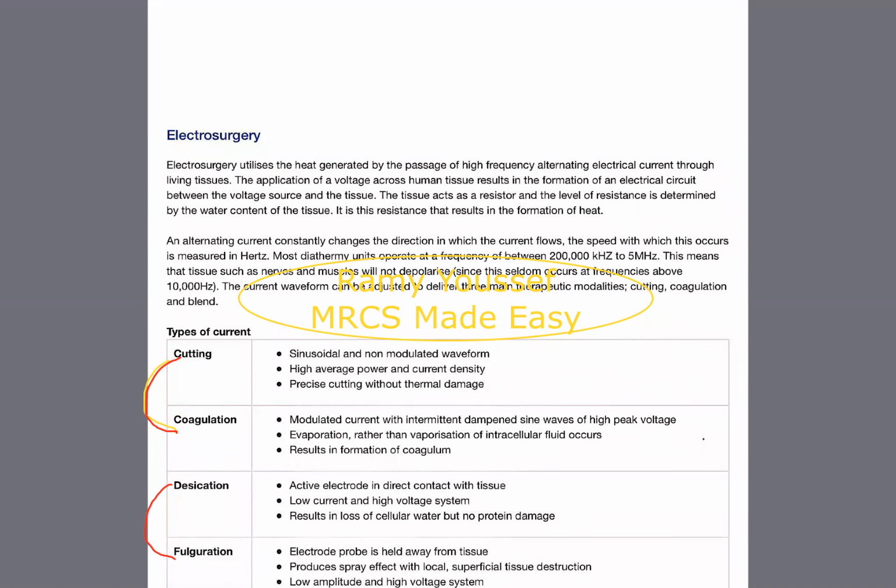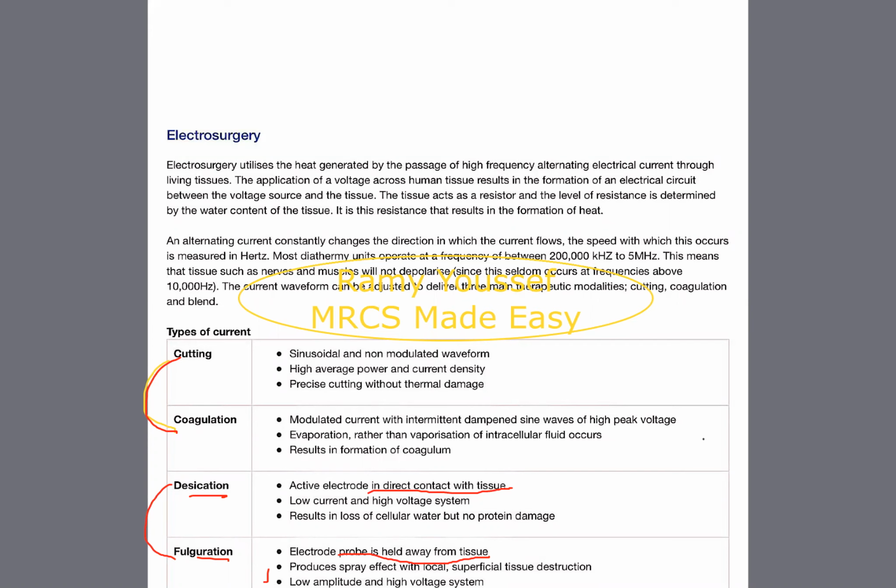What is the difference? Go for dissection first. They will tell you the electrode is in direct contact with tissue, with low current and high voltage. If you are able to keep this information, it's okay. Low current and high voltage, so this is dissection. Fulguration, they will tell you the probe is held away from tissue, with low amplitude and high voltage as well.